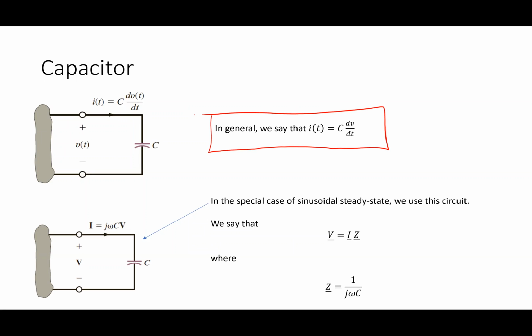In general, that's always true. But in this special case of what I call sinusoidal steady state, I have to be in steady state and I have to be dealing with sine waves, then this is true. If I'm in transient or have something other than a sine wave, that is not a true statement.